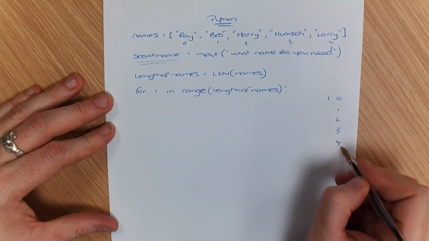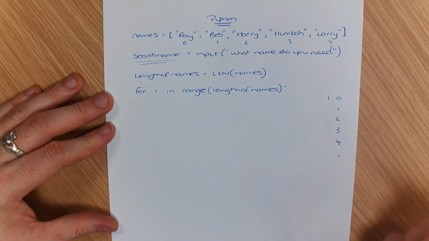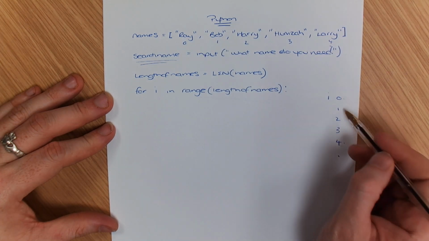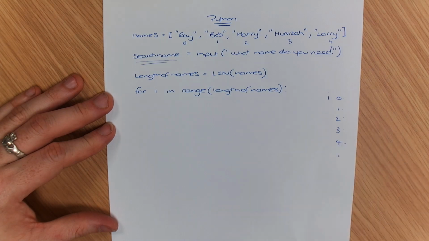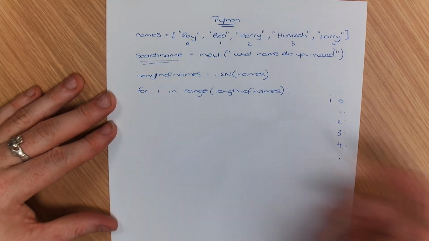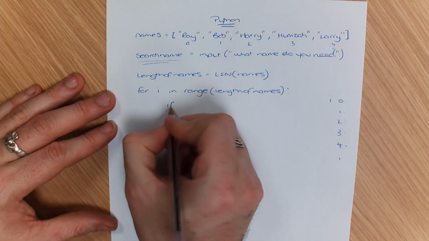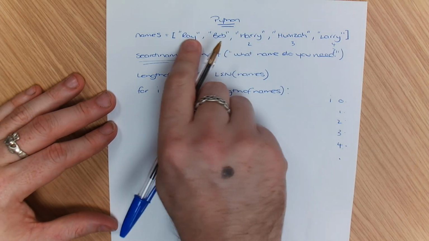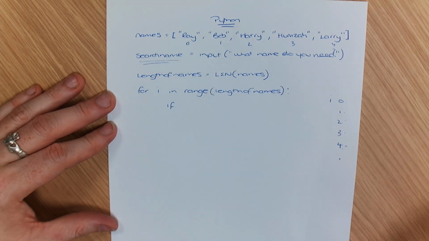That means that even though the len is 5, we're not actually going to get to 5. We're going to start at 0, 1, 2, 3, 4. Just bear that in mind. I can now iterate through that, and each time I'm on the next number, I iterate through it.